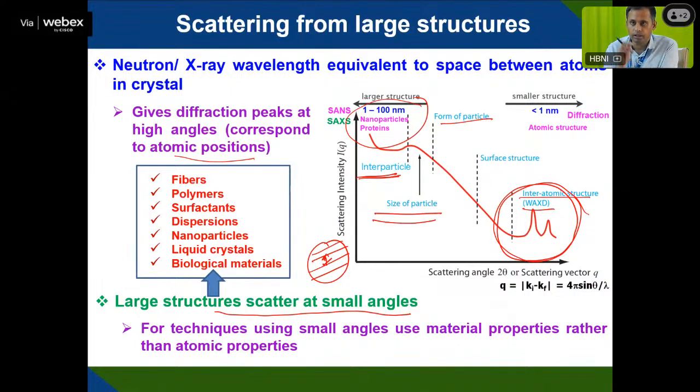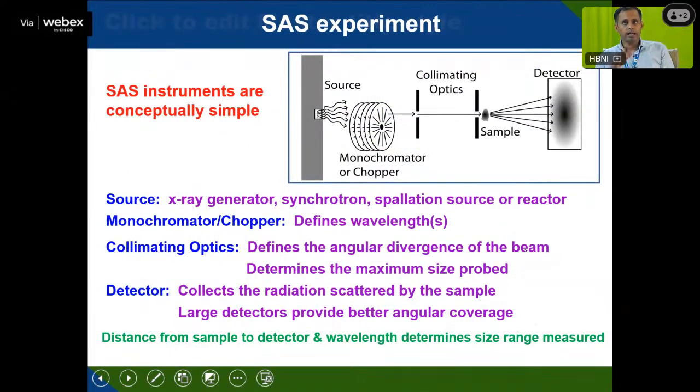Depending upon the interparticle or intraparticle interaction, we can see how the structure factor and form factor vary, and we get information about both dynamics as well as shape.